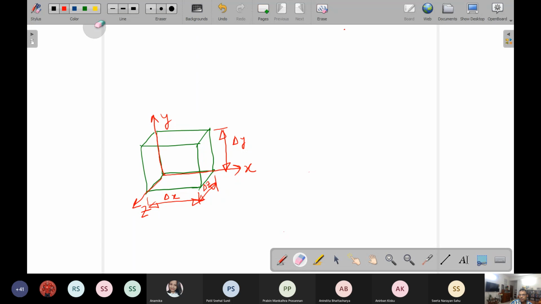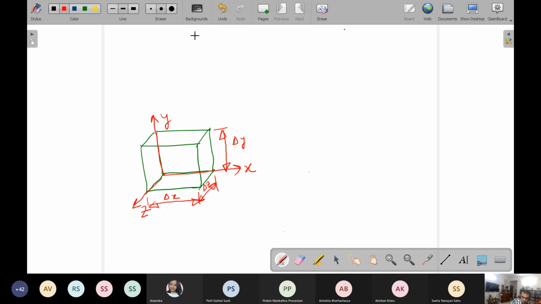If you imagine Newton's second law in its most naive form, it is force equal to mass into acceleration. In the kinematics chapter, we have learned how to write an expression for acceleration. So here the only extra thing that we have to do is to write an expression for force. So what type of force is acting on this?